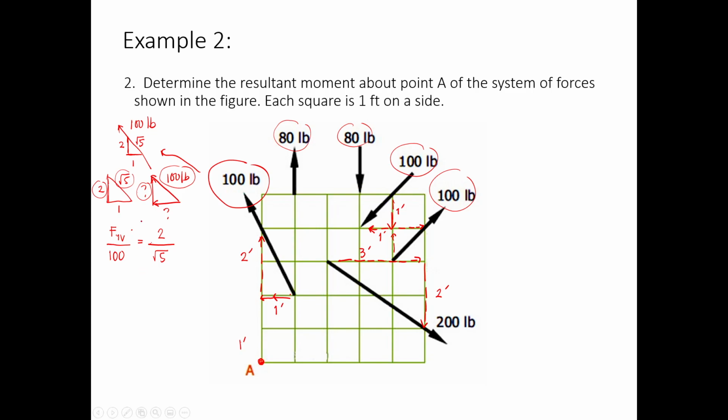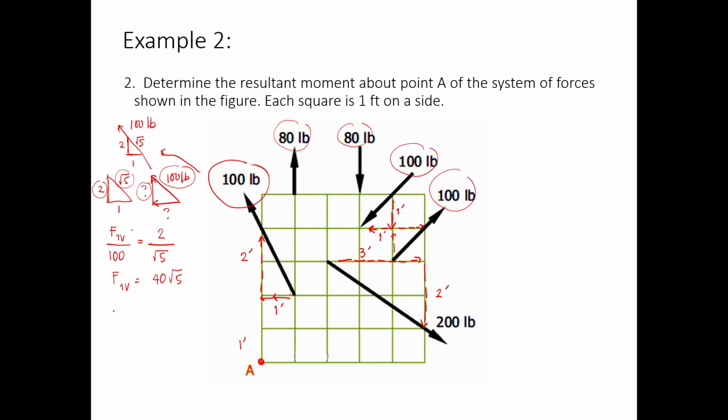Since you can use your calculator, you can now solve the first vertical force. That will be 200 divided by square root of 5, which is 40 square root of 5.